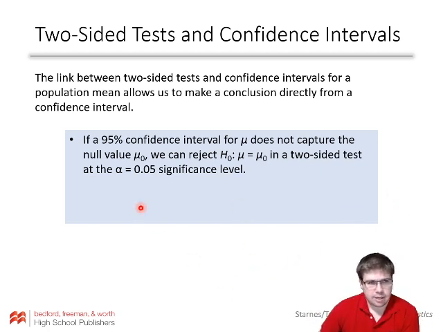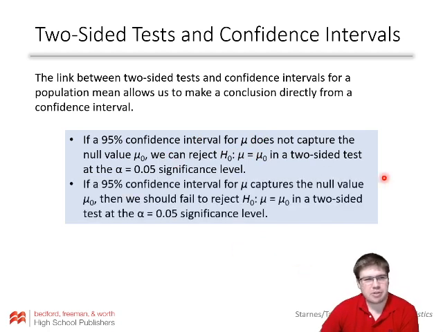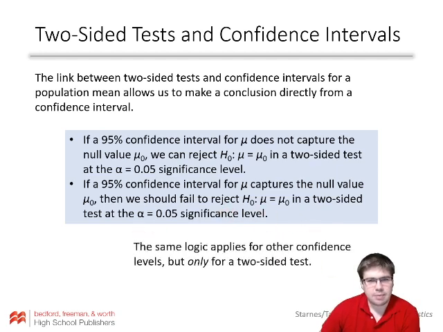If the 95% confidence interval does not contain it, then we would reject it at the 5% significance level. If a 95% confidence interval captures the null value, then we should fail to reject in a two-sided test at that 5% level. The same logic applies to other confidence levels, but only for a two-sided test. So 99% corresponds to a 1% significance level, and so on.